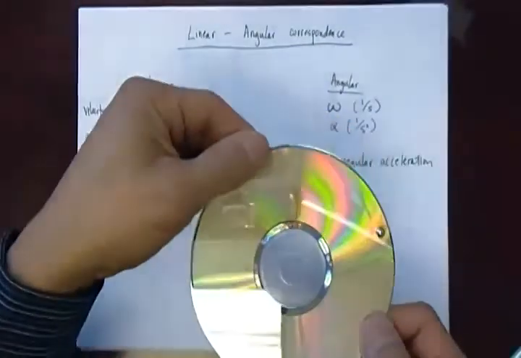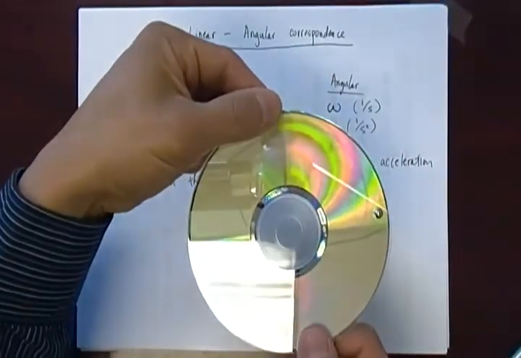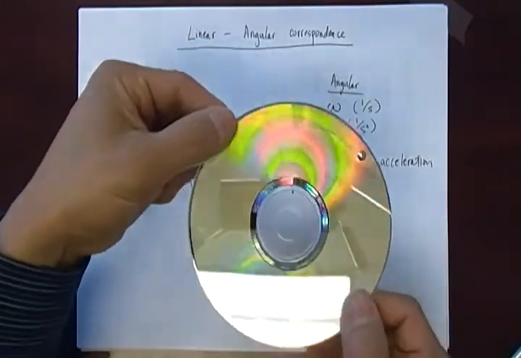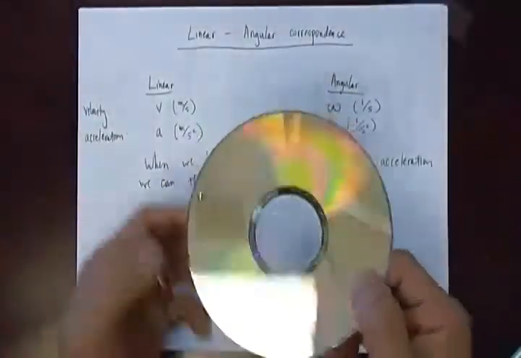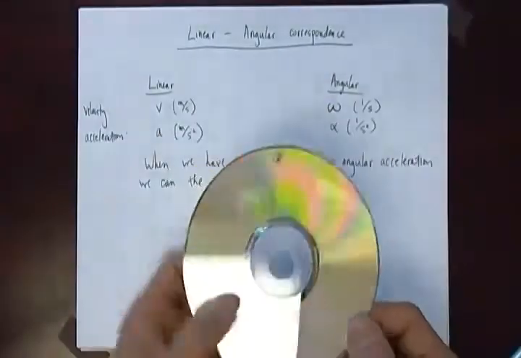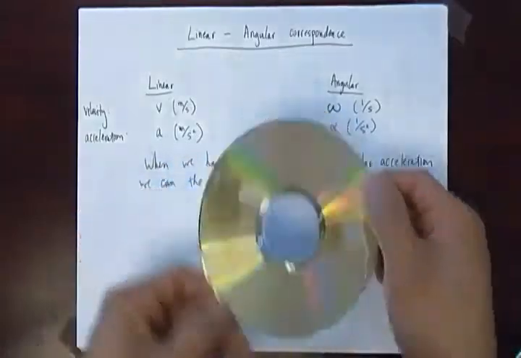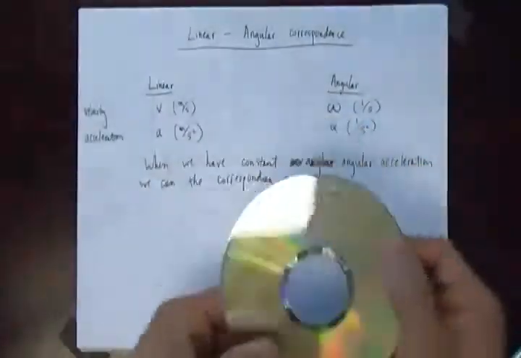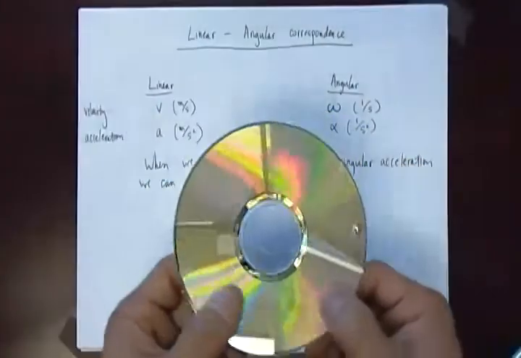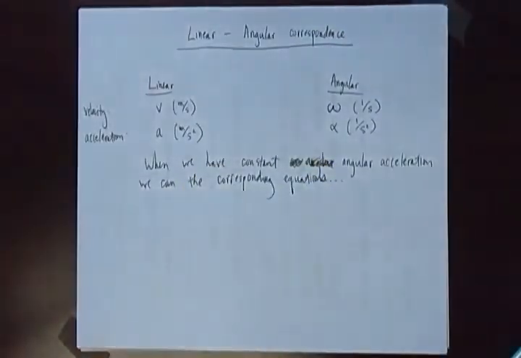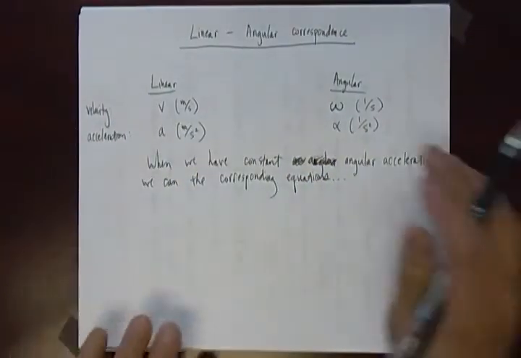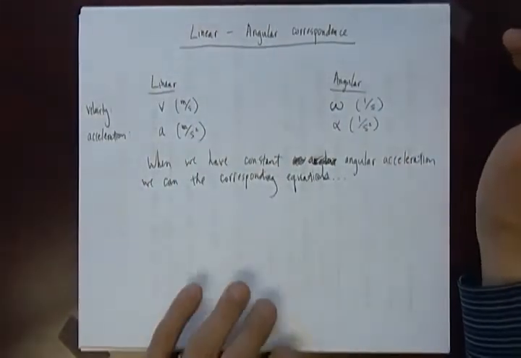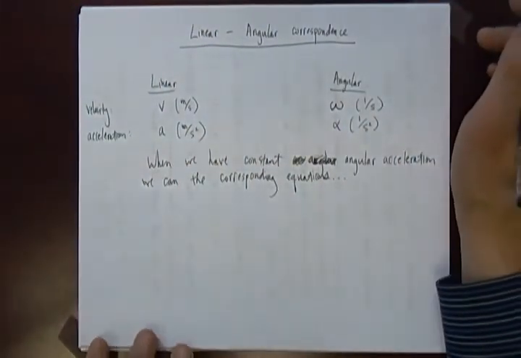So what we're considering is constant angular acceleration, where the angular velocity is increasing at a constant rate. So it starts off slowly and it gets faster, or let's suppose it's going at some speed and it just slows down. So this has a clear analog with linear constant acceleration problems.